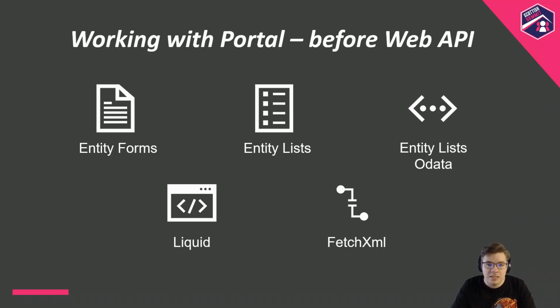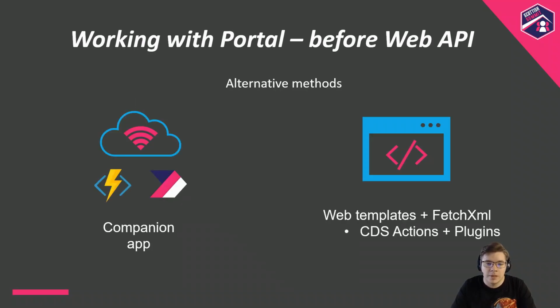Now all of this is standard configuration that is available out of the box, but there is an alternative approach to work with the portal as well. Those alternative methods can be separated into distinct groups, and bear in mind this is a virtual distinction.